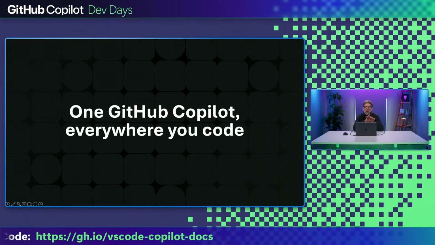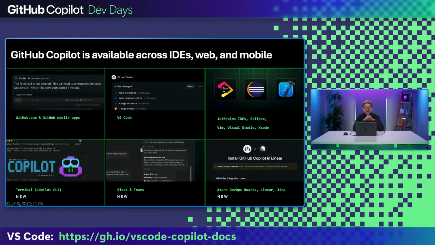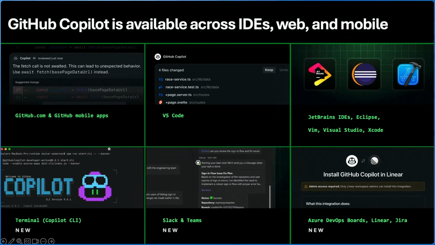So we have one GitHub Copilot, and it's everywhere you work. What I mean by that is that you can have GitHub Copilot on github.com and the GitHub mobile apps, what I'll call the first-party applications. And then, of course, you can have it in VS Code, which is where a lot of folks may have originally encountered GitHub Copilot.